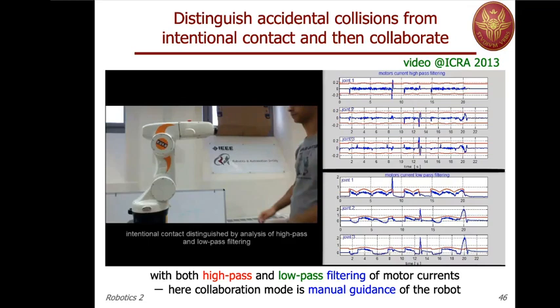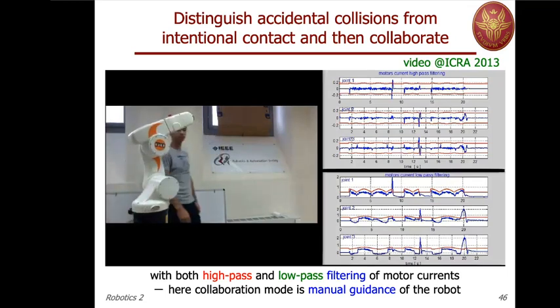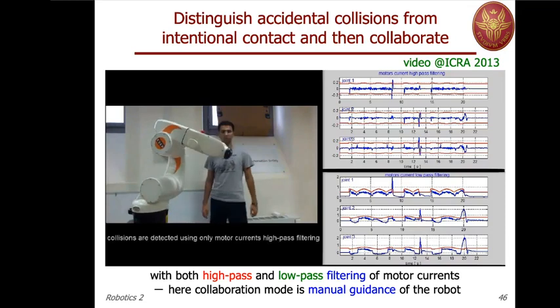So here now in this second experiment, you see on the right-hand side the high-pass filtered motor currents and the low-pass filtered ones, with thresholds which are even more dependent on the trajectory being executed. The first situation will be a collision detection, so it stops a couple of times, and then there will be a soft contact.